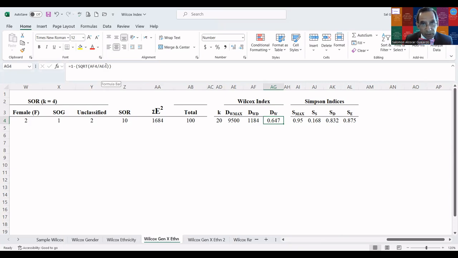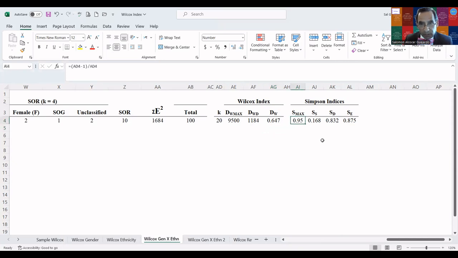I'm going to take the square root of that, subtract that from 1. So it's 1 minus the square root of 1184 divided by 9500. That gives me a Wilcox standardized or evenness score of 0.647, which indicates that 65% of the maximum possible value of diversity was obtained for ethnicity and gender combined.